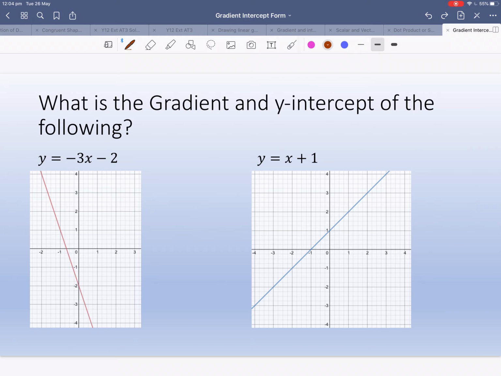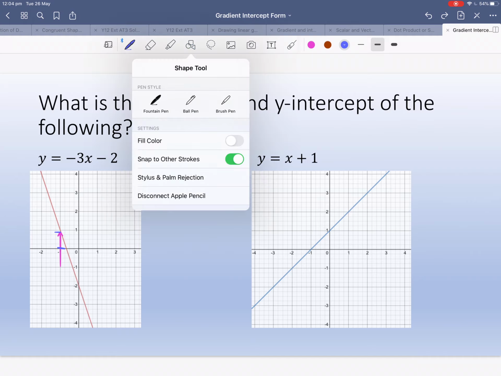Okay, what is the gradient and y-intercept of this? Well, we're going to use this here. You can make any triangles you want, but I'm going to go here. It rises 1, 2, so it rises 2. I've got some sort of crazy thing happening here.